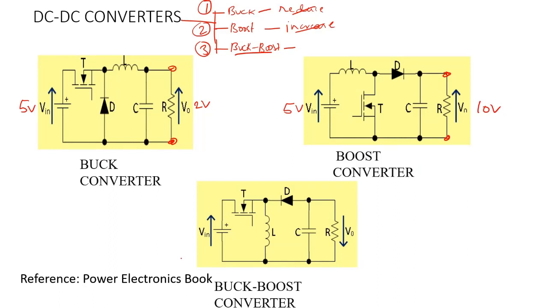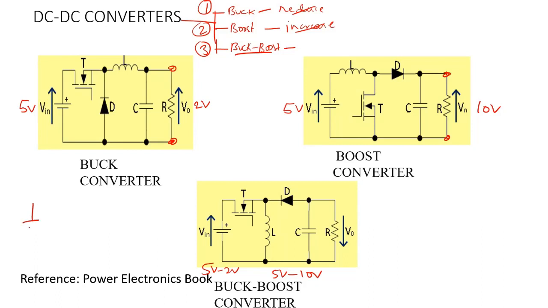Then what if in one criterion it changes 5 to 2 volts, and in another criterion it changes 5 volts to 10 volts? Together it provides this operation. So that is the buck boost converter. How that happens is only because of the switch. Let us model this, it's a very simple thing.